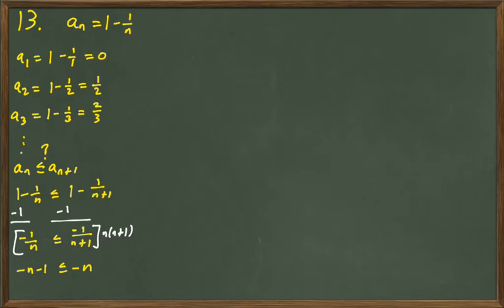I didn't multiply by a negative, so I don't need to reverse the inequality. Then we can add n to both sides, and we have negative 1 is less than 0. That's certainly true, and so certainly a sub n is less than or equal to a sub n plus 1. And so that tells us that this sequence is in fact increasing. So we have this increasing sequence.